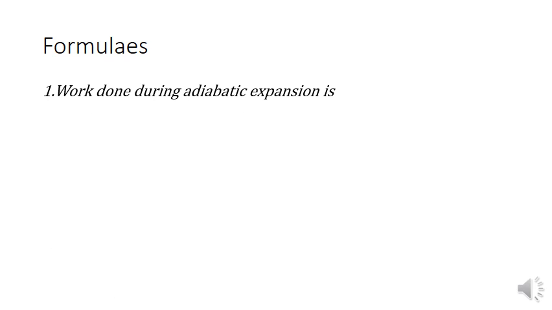The formulas we studied in yesterday's class: first, what is the adiabatic process? What is the relation? The adiabatic process can be represented by the equation PV^gamma equal to constant, where P is pressure, V is volume, and gamma is the adiabatic index or adiabatic constant.